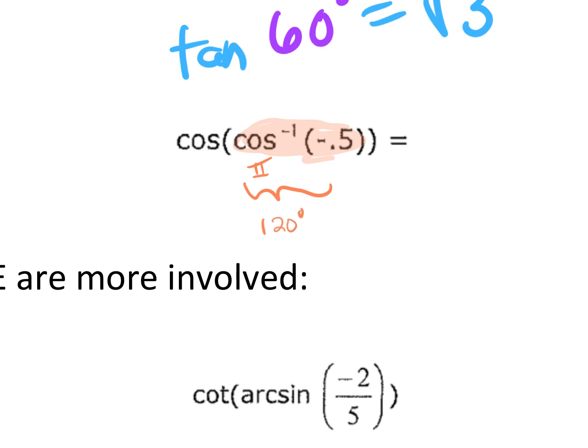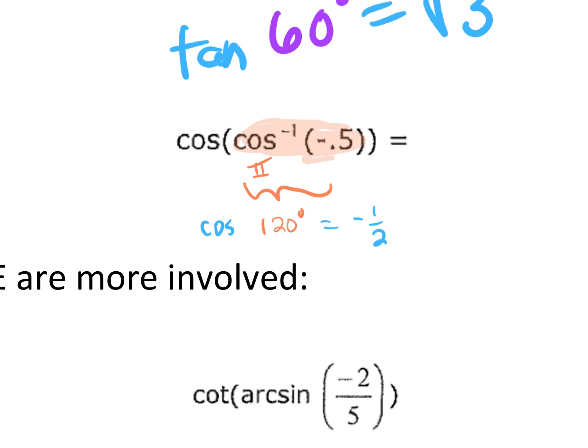Okay, so the inverse cosine of negative 1/2, that gives us that 120. And now we are supposed to take the cosine of 120. Alex Leary, what does that give us? Oh, careful. Cosine, which is the x at 120. Okay, there you go, negative 1/2.